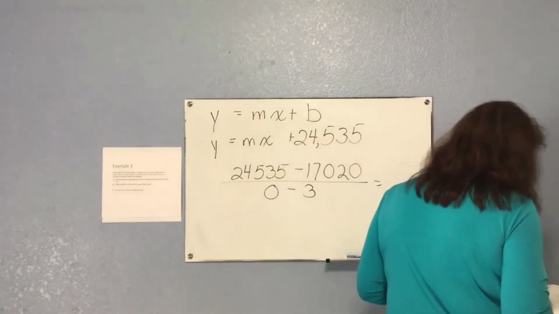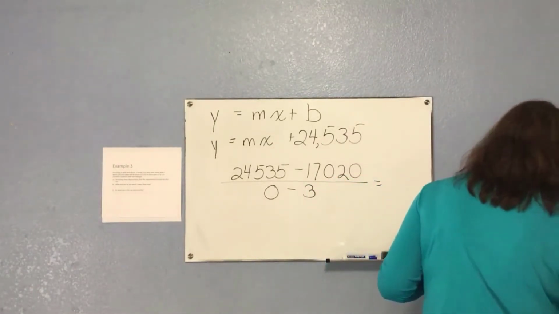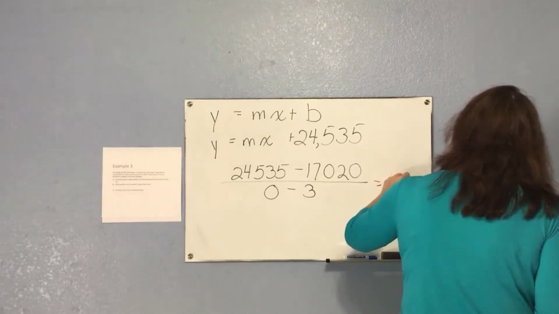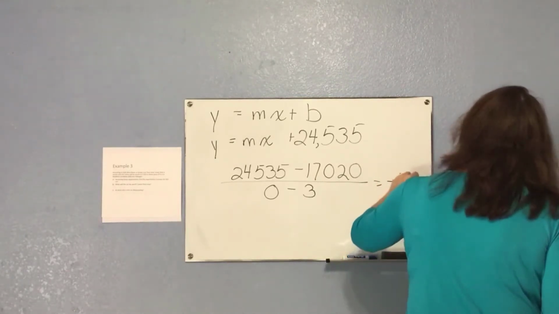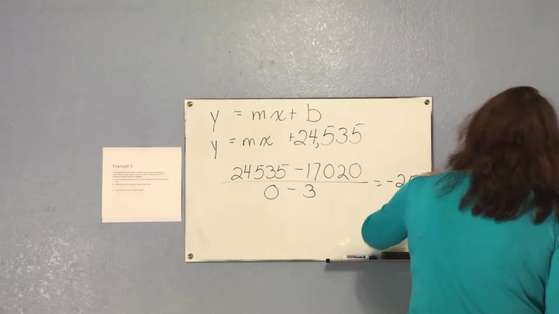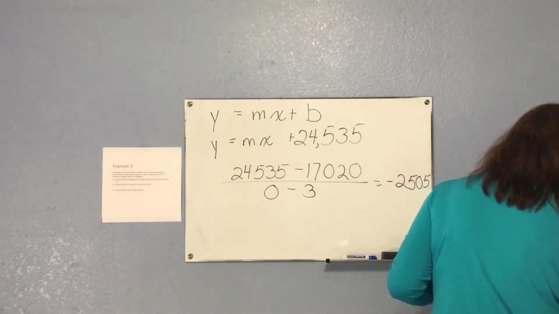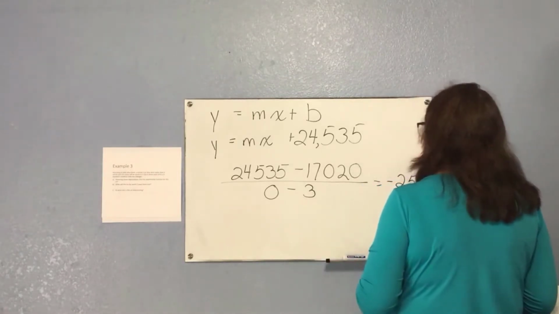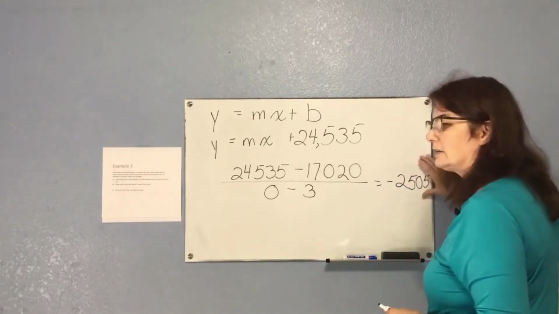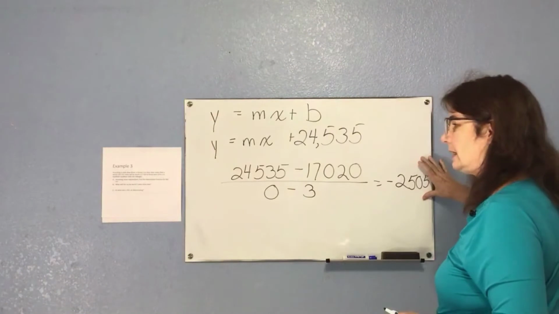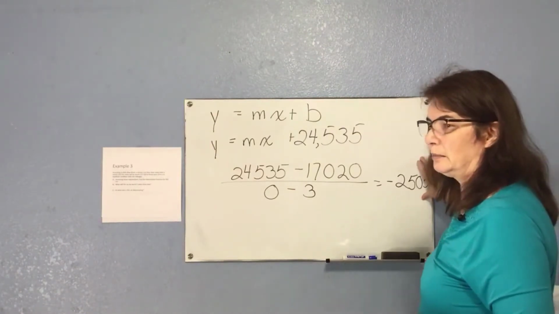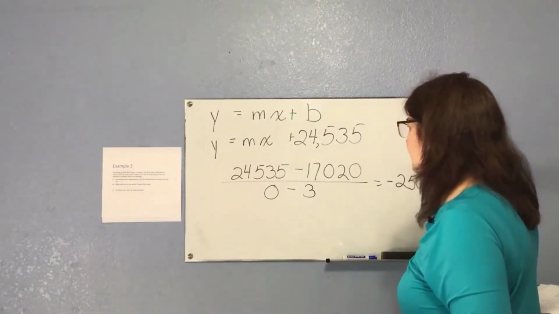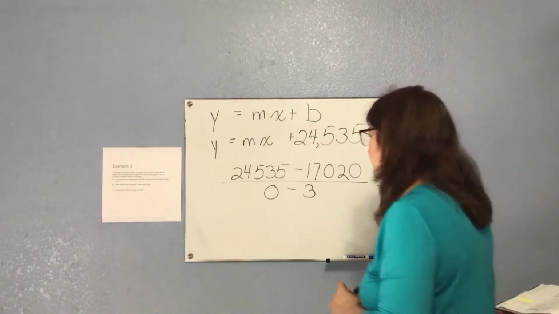I get for this negative 2,505. So we can say that this is the rate of change. We're losing $2,505 per year in the value of the car.